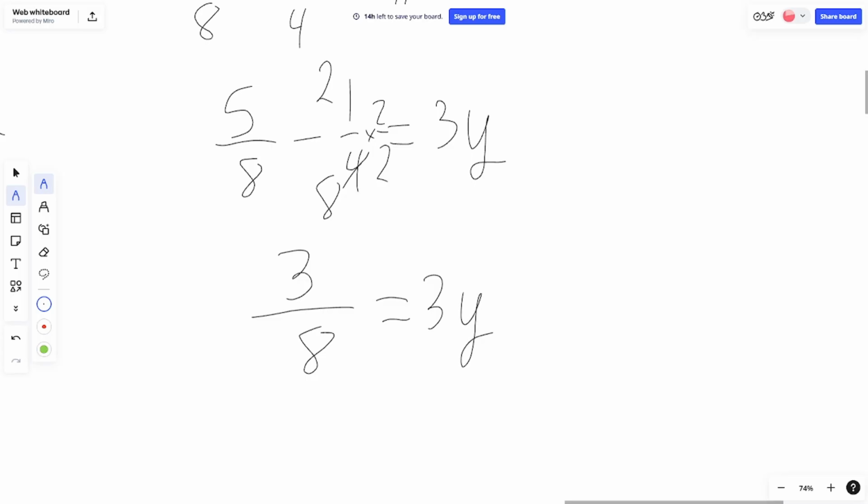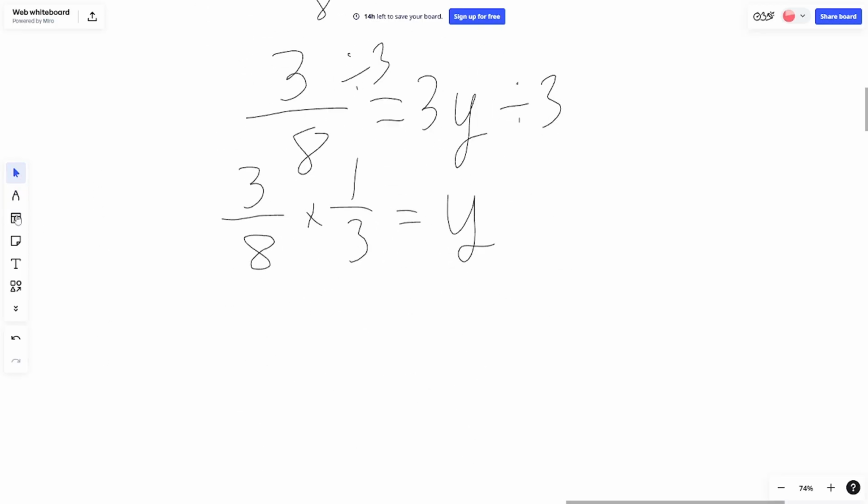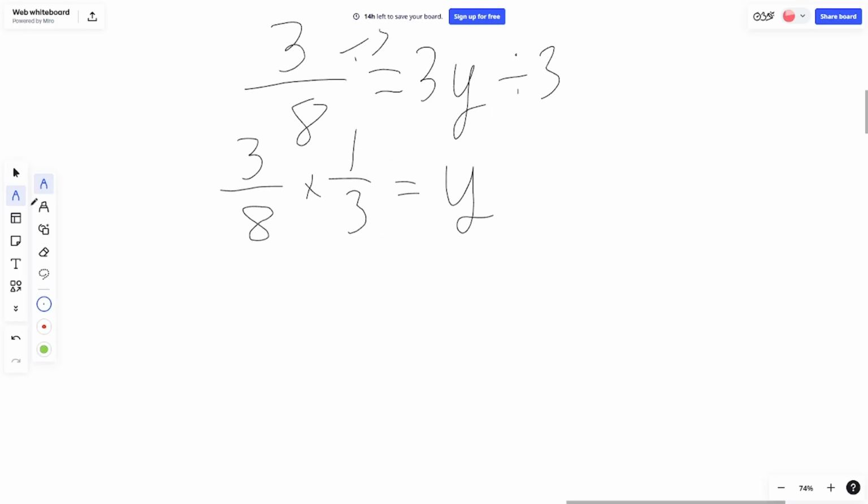Now, we just simply divide our right hand side by 3, and we do the same operation on our left hand side, which will give us 3/8 multiplied by 1/3 is equal to y. This will give us 3/24 is equal to y.